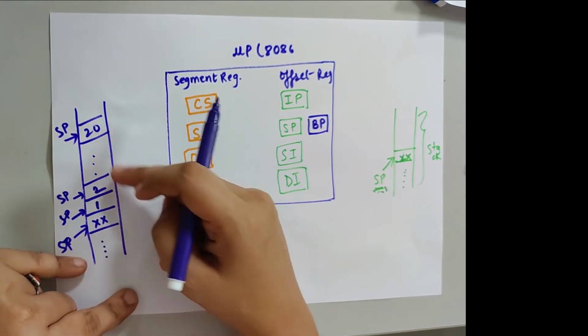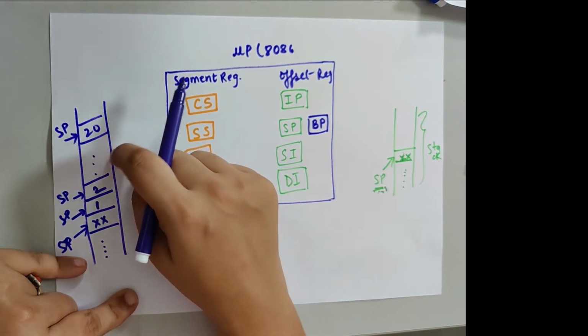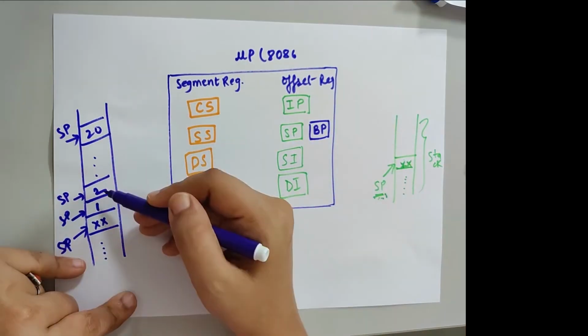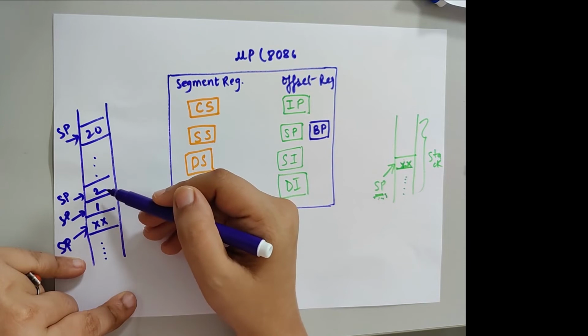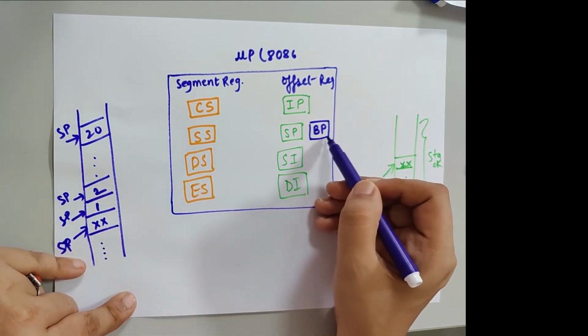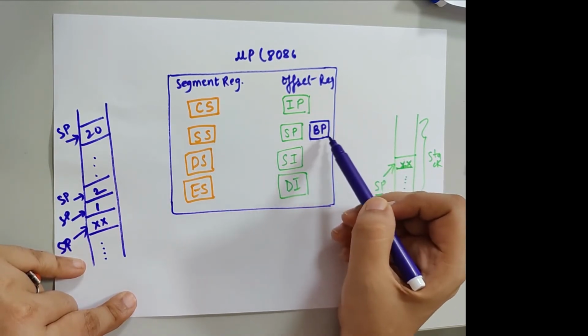Now after pushing all the values, I realize that the second value which I have pushed is wrong. So what will I do? I'll pop 18 values and then again push the correct values. That is not a good idea, right? So we should have some other method. There is another offset register for the stack segment, which is called BP, the base pointer.